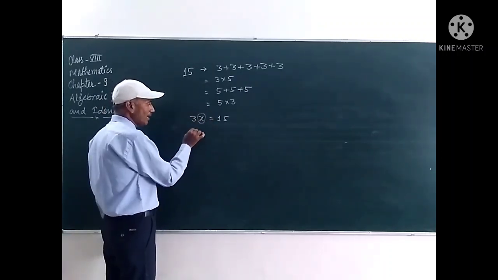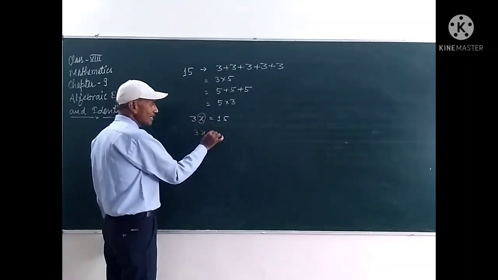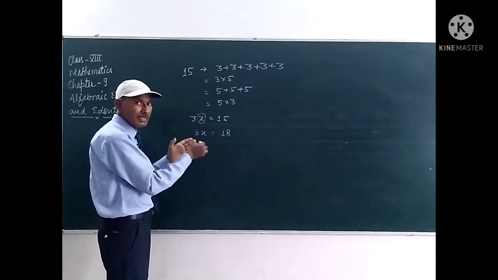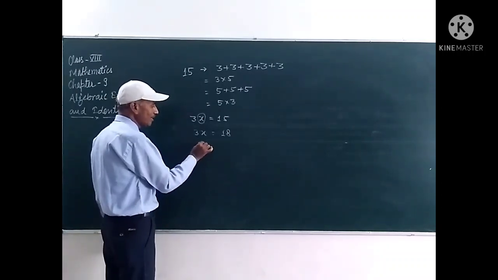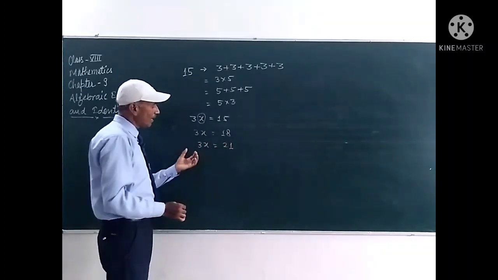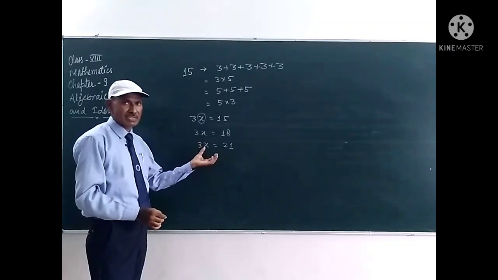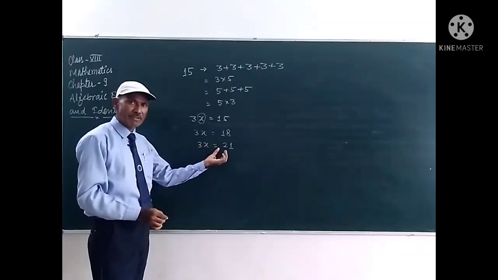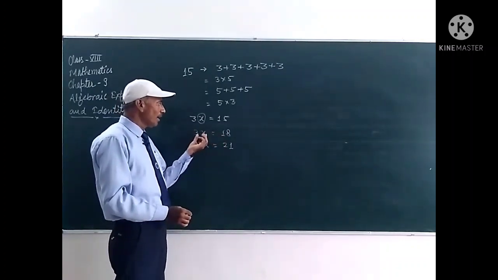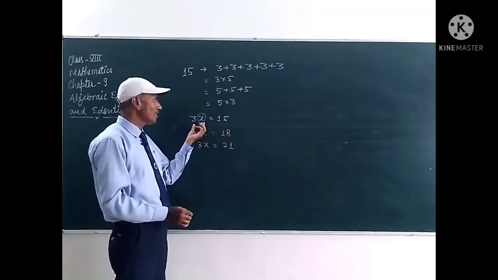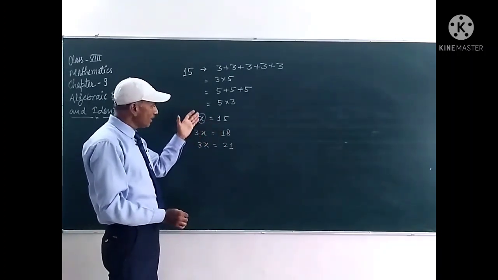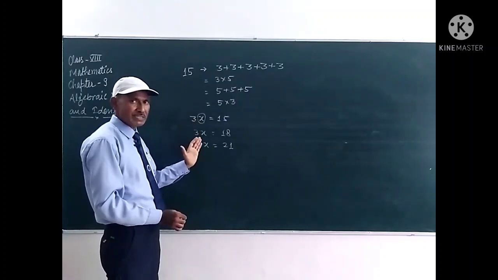If we write 3x is equal to 18, then the value of x will change. If we write 3x is equal to 21, then again the value of x changes. The value of x will be 7 in this equation. Clear, students? And in the other equation the value of x will be 6, and in this one the value of x will be 5. So x changes from place to place.